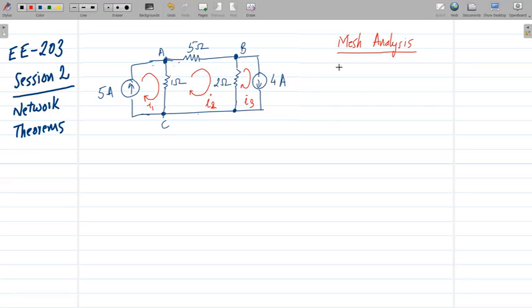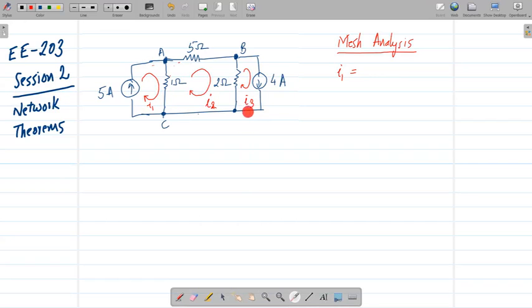I1 you can assume is 5 amperes because in that mesh there is a 5 ampere current flowing. Remember that whatever current flows out of the current source has to flow back into the current source. The same thing applies for the other current source.